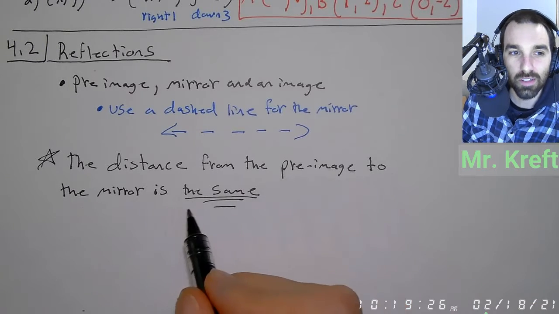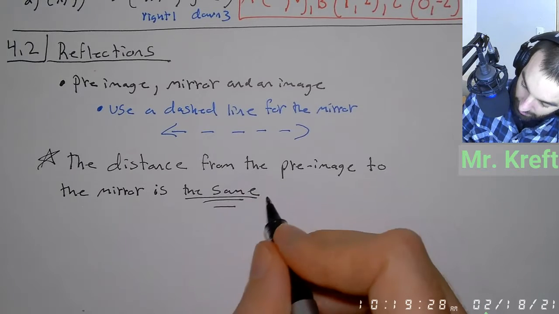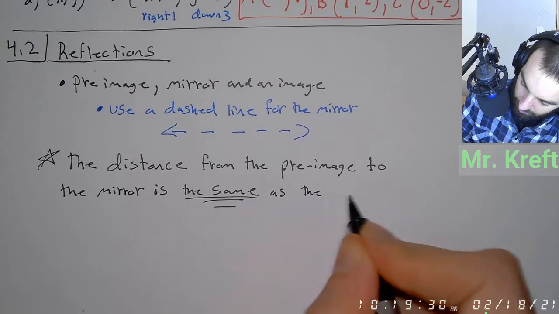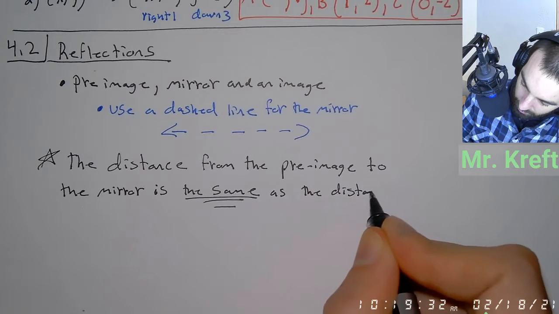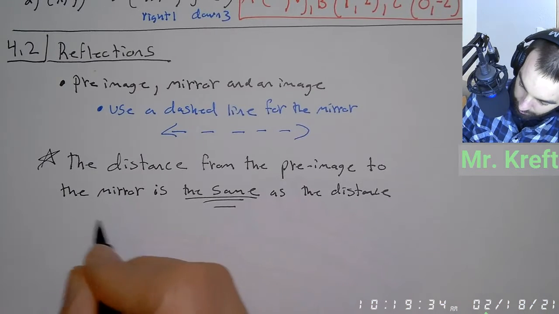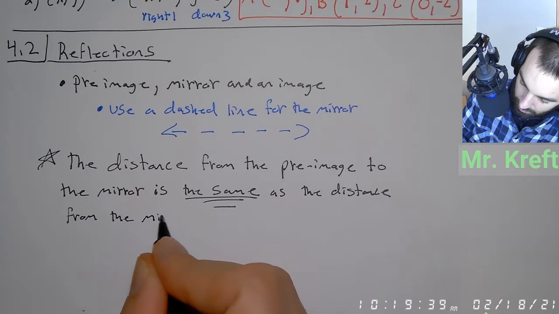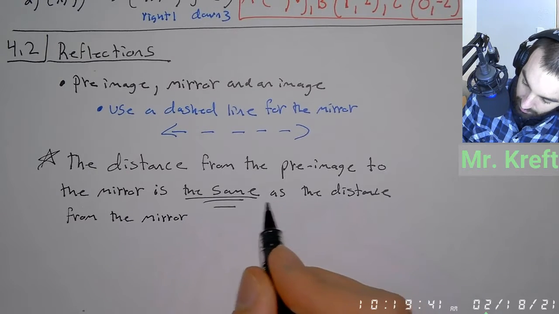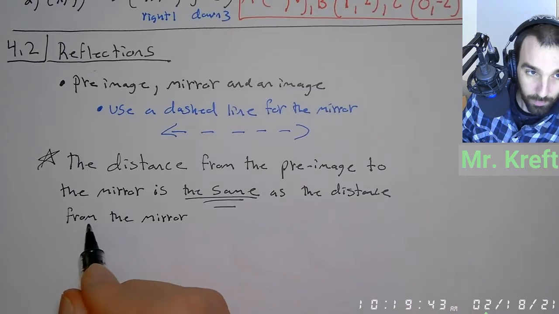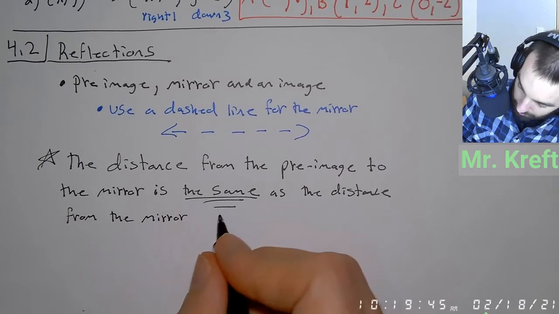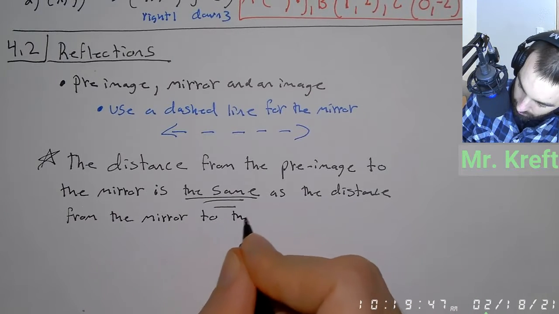So the distance from the pre-image to the mirror is the same as the distance from the mirror, so it's the same as the distance from the mirror to the image.